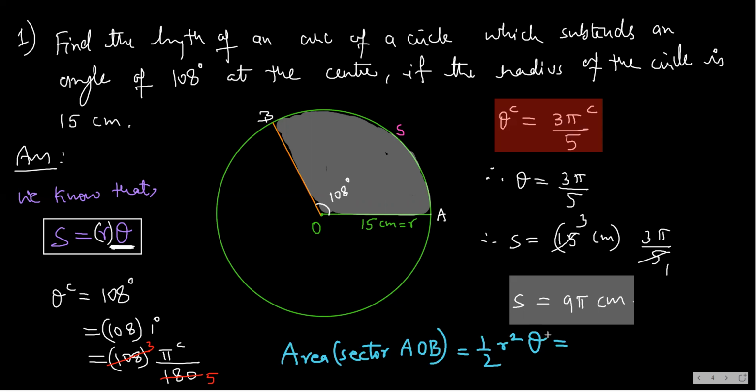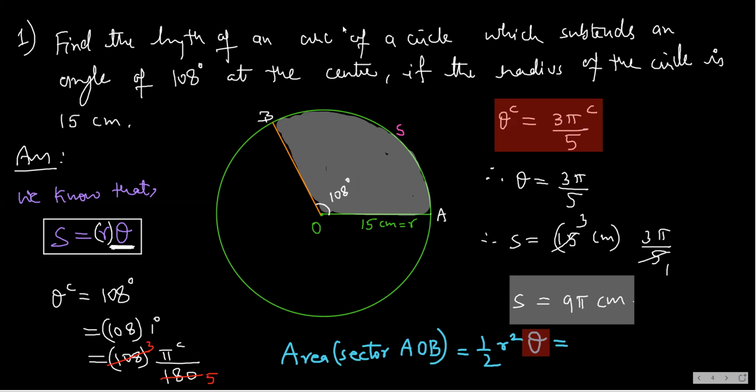Is that theta the degree magnitude? No. This theta here is the magnitude of the radian measure. That is, this has to be in radian, and then you write the magnitude, which we have already done. We have converted that degree into radian measure, and then theta is 3 pi by 5.